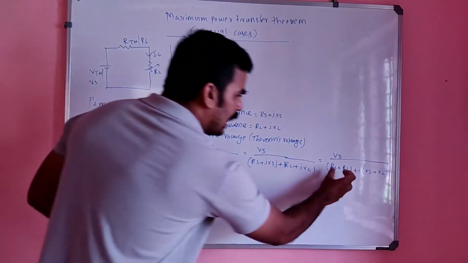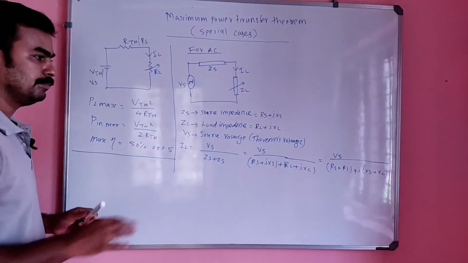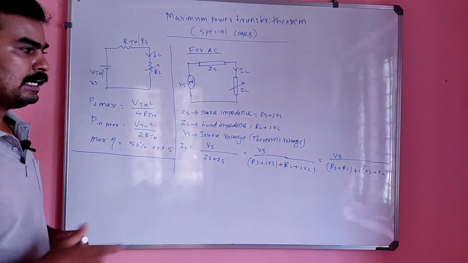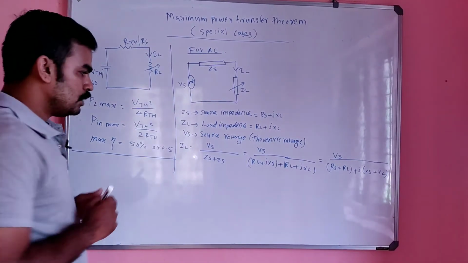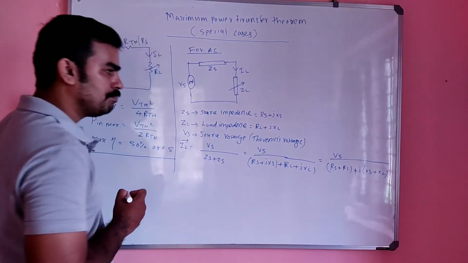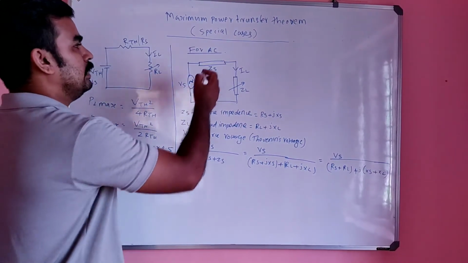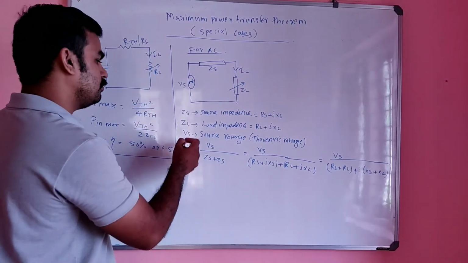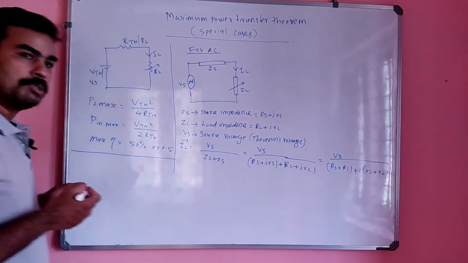I simply grouped the Rs terms together and the j terms together: Rs plus RL plus j times Xs plus XL. So this is IL. Of course it contains real plus imaginary terms, so it is a vector-like quantity.